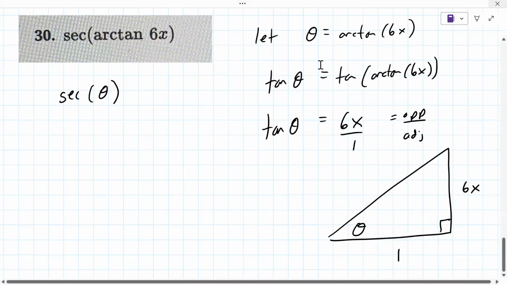Would you solve for the missing hypotenuse here for us, please?